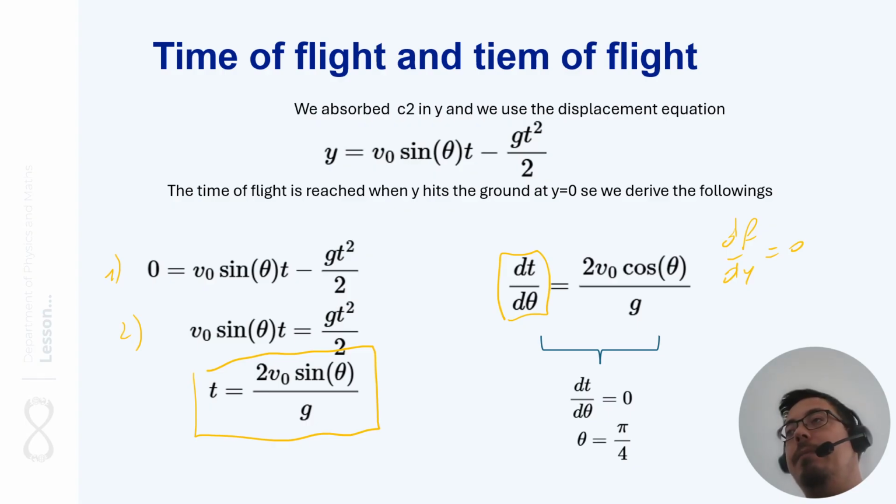In this case, we find the maximum or minimum time of flight when theta is equal to pi over 2. So pi over 2 is when the time of flight is maximum or minimum depending on the sign of this equation.